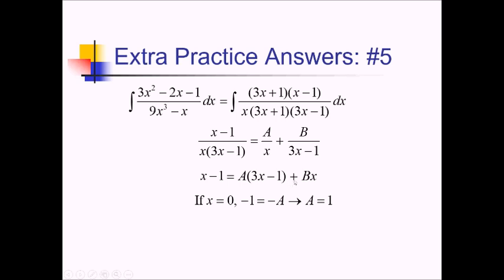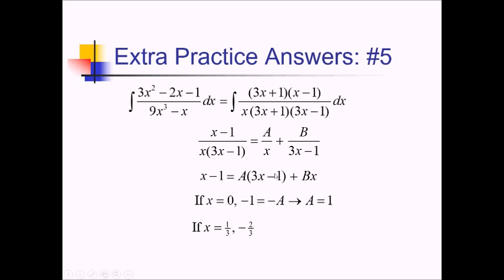Now I need to find the value of B. Well, I'm going to plug in something that gets rid of the A term. So what would zero out 3x minus 1? Well, if I set this equal to 0 and added 1 and divided by 3, I see that 1/3 is the magic x value that gets rid of the A term. So on the left side, we have 1/3 minus 1, which is negative 2/3.